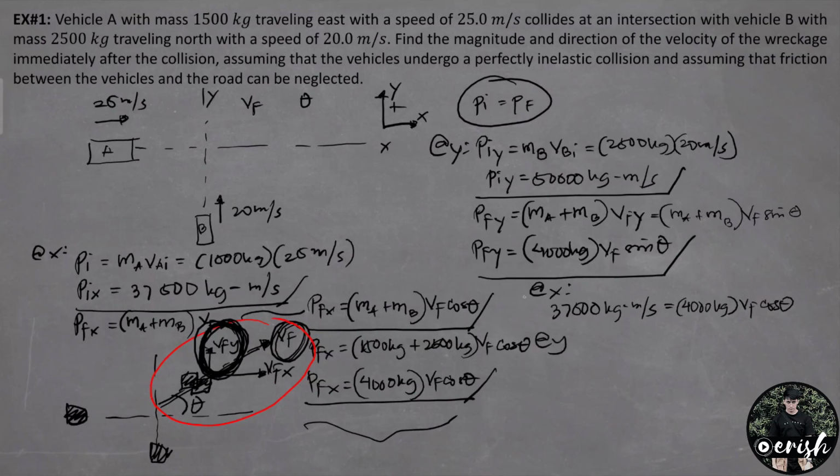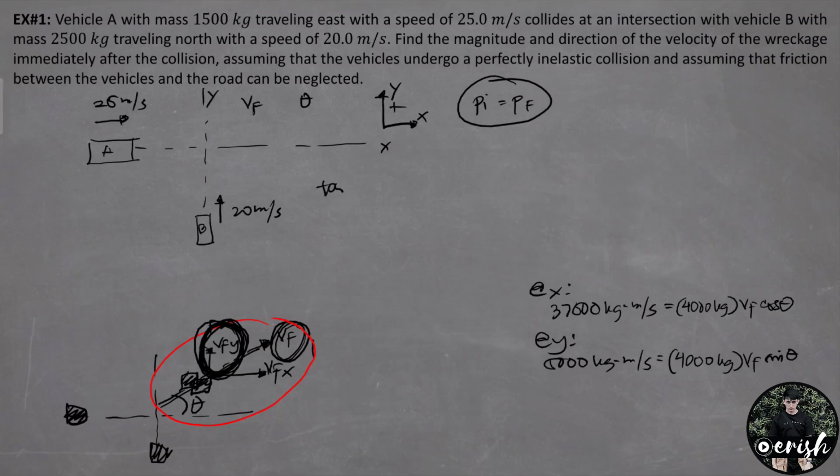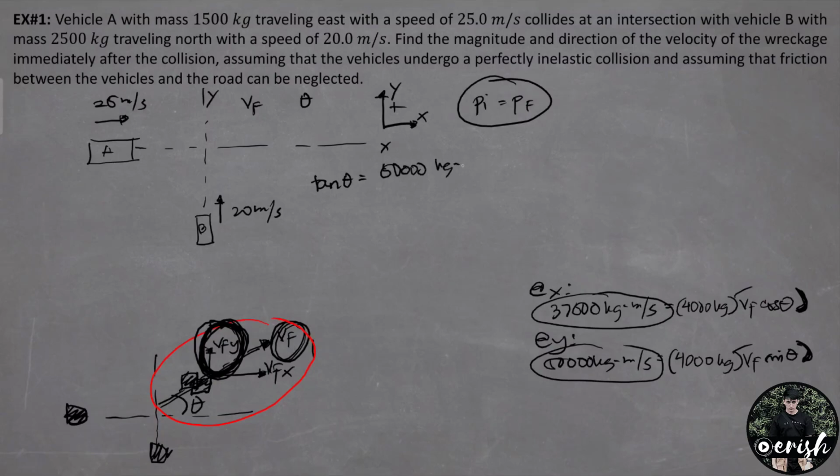And sa y component naman, we have 50,000 kilograms meters per second equals 4,000 lang din kilograms final velocity sine theta. To solve for the angle, tangent theta is equal to 50,000 kilograms meters per second divided by 37,500 kilograms meters per second.